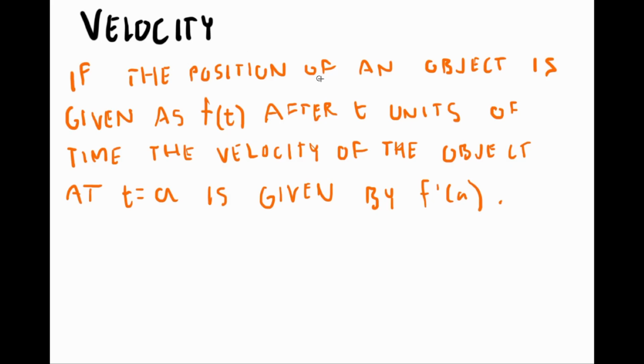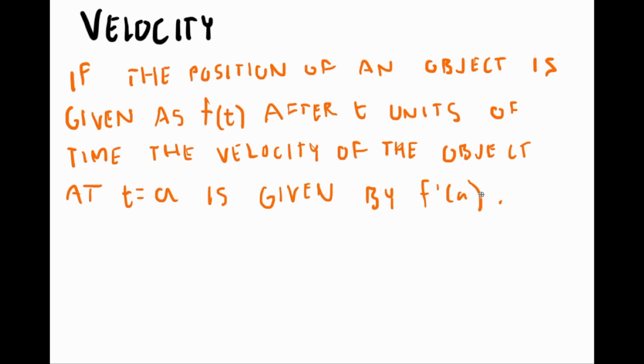So for velocity, if the position of an object is given as f of t after t units of time, the velocity of the object at t equals a is given by f prime of a. This is basically the same as, well, not the slope of the tangent line, but the rate of change problems from two examples ago.